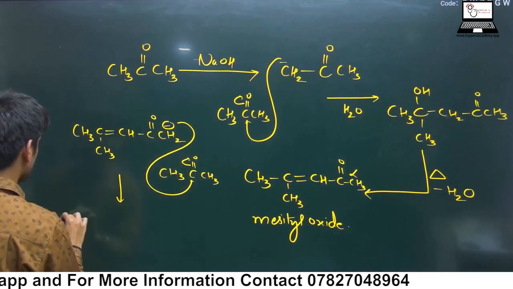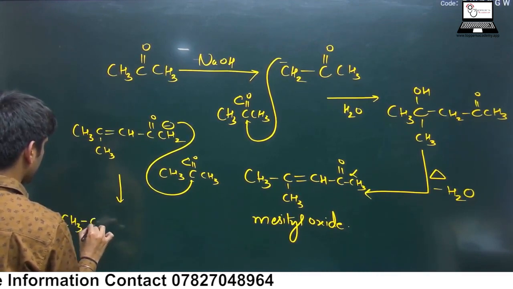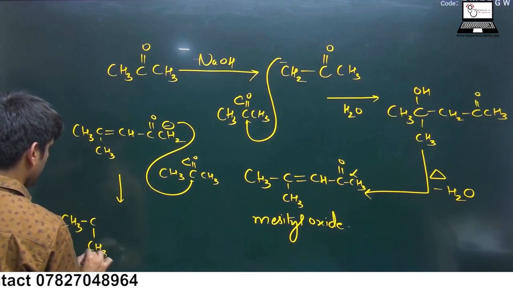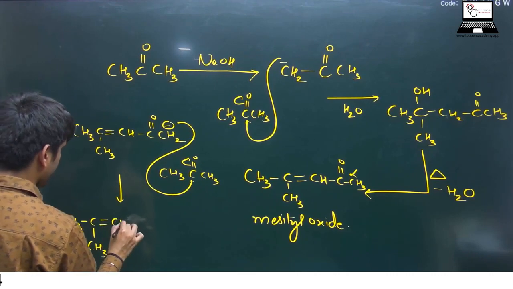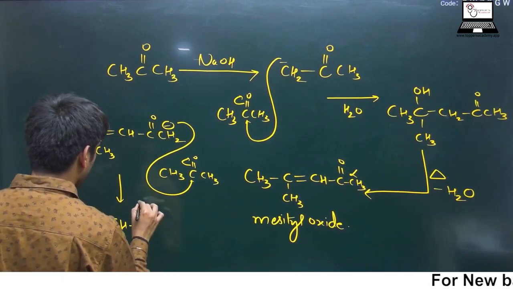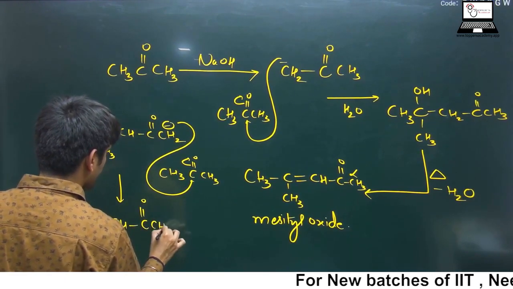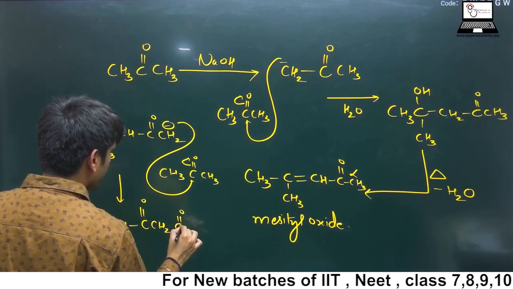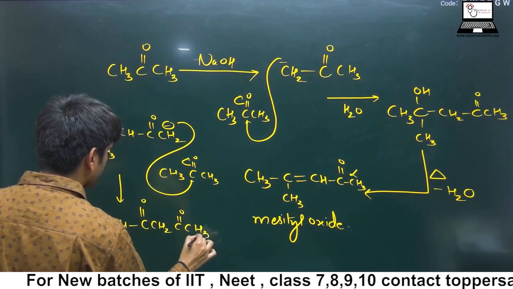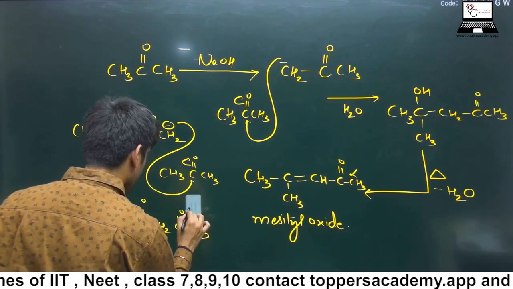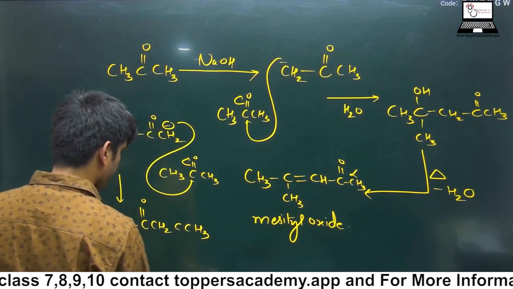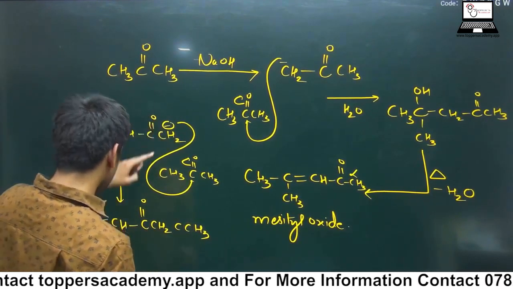So what happens? CH3, C double bond CH, C double bond O, CH2, C double bond O, and CH. Just a second, this is CH2.